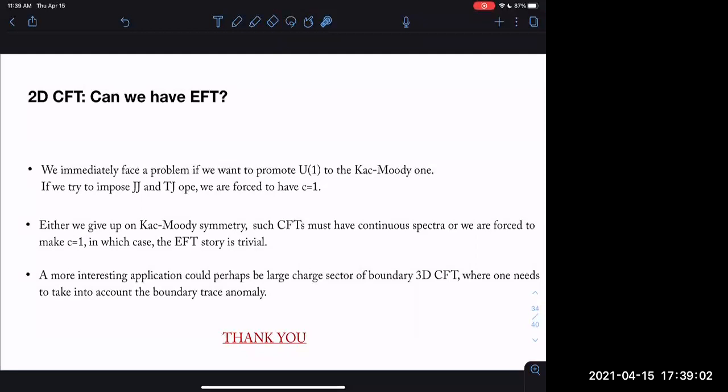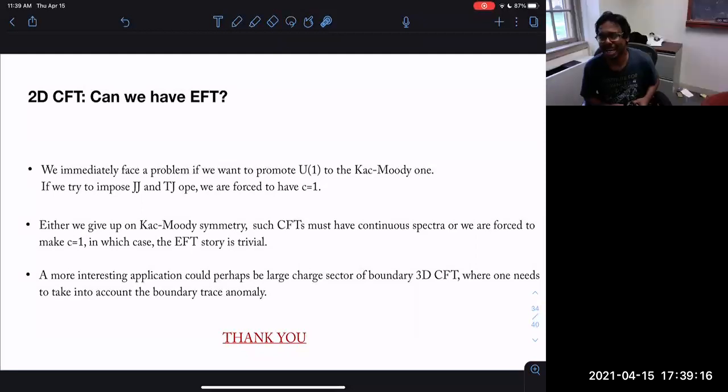So you referred to a theorem by Affleck, but in two dimensions, doesn't the Sugawara theorem make it almost impossible? Yeah, Affleck basically uses the Sugawara theorem.